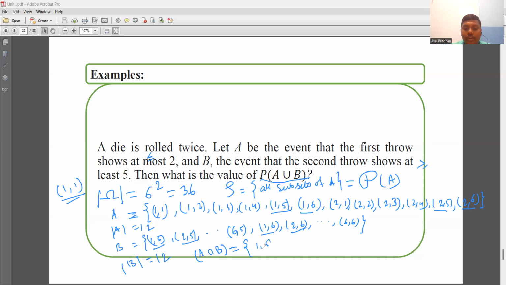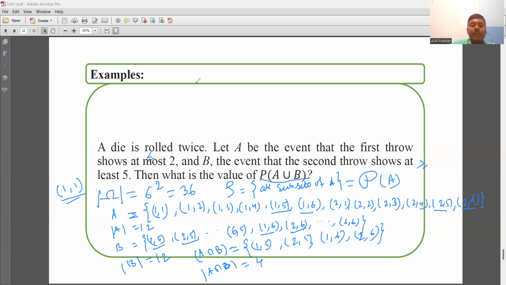So 1 5, 2 5, 1 6, 2 6. So these 4 elements are common in A and B. So the cardinality of A intersection B is going to be 4.